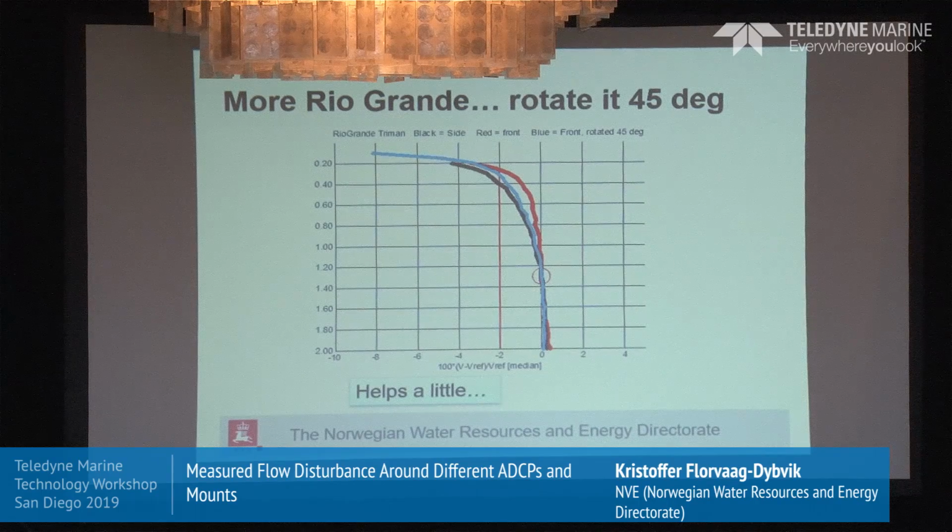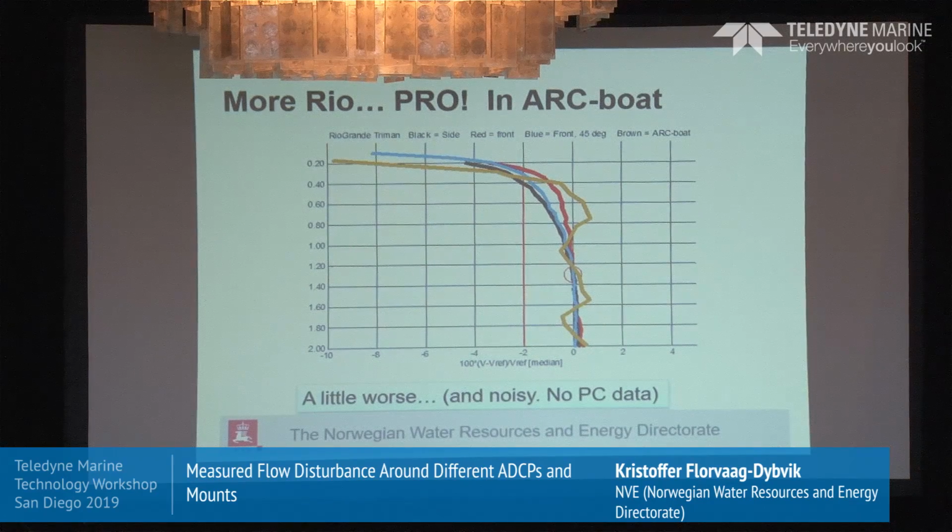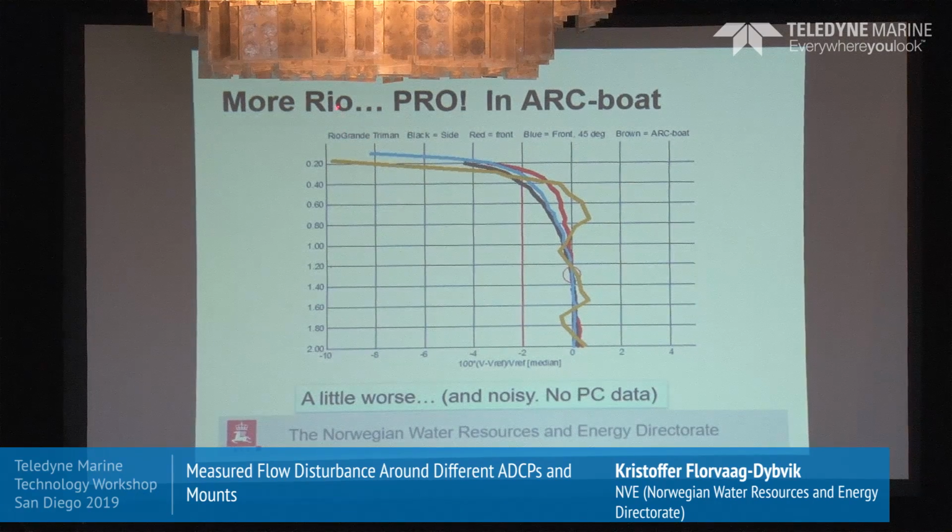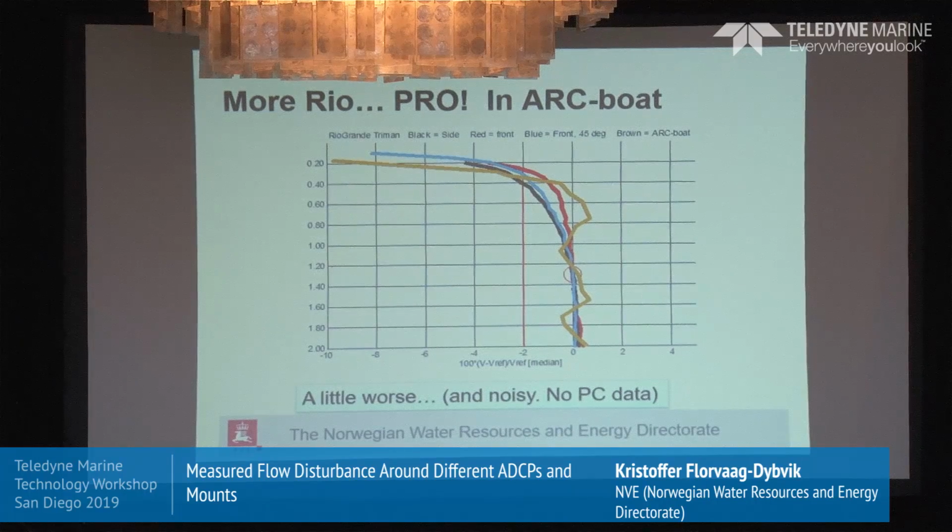But in recent years, we have started to use remote control boats more and more, and they are bigger than a trimaran. They push more water away. And this brown-yellow line here, that's for a Rio Pro, but it has the same shape as a Rio Grande. It's just the same housing as a Rio Grande. It's just an upgrade.